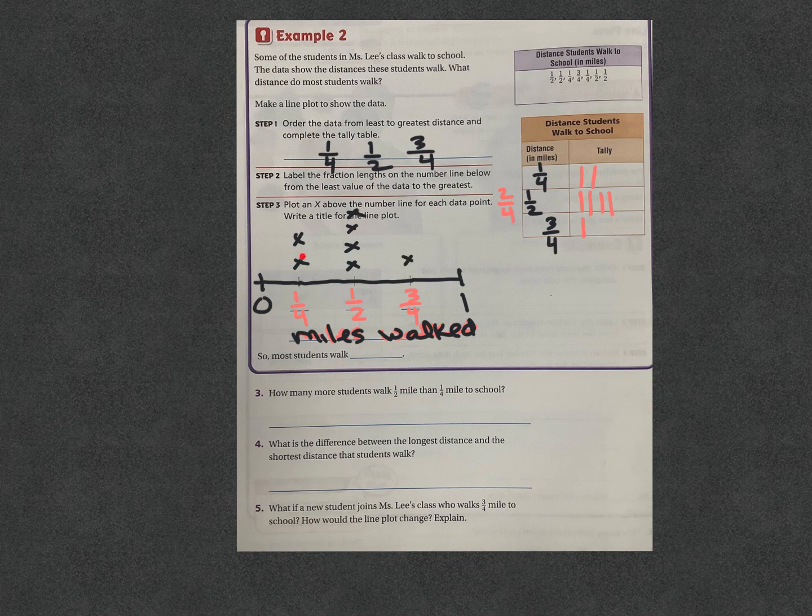So most student walks how much? Well, we can see now, both here and here, most of the students walk 1/2 a mile. How many more students walk half a mile than 1/4 of a mile? There are 4 people who walk half of a mile, and there are 2 people who walk 1/4 of a mile.